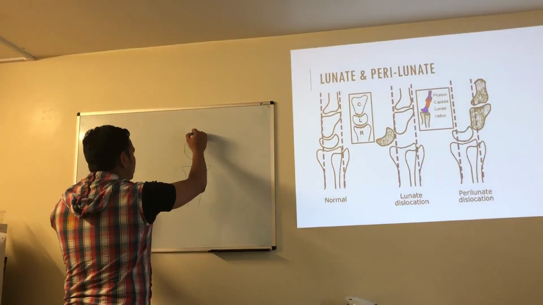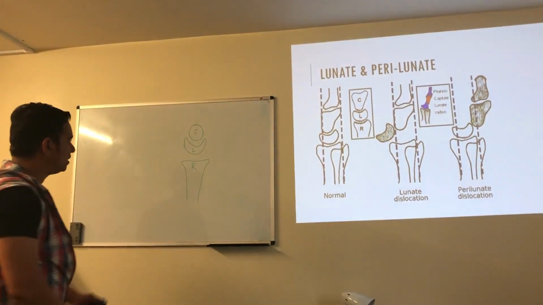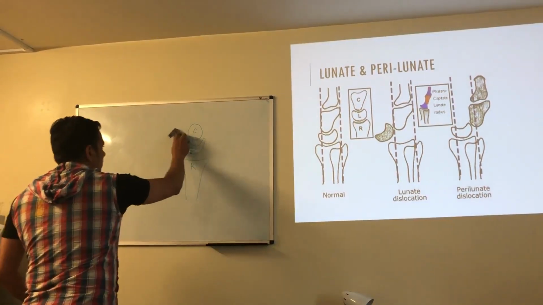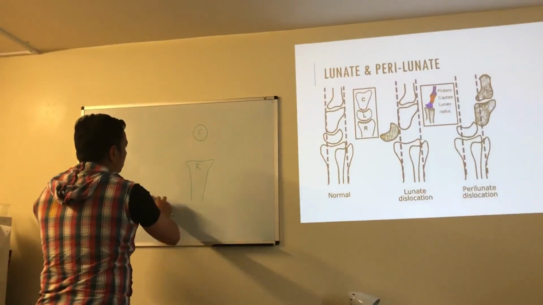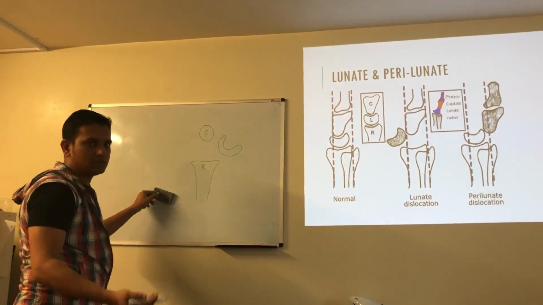On the top of the lunate is the capitate. Now, lunate dislocation.